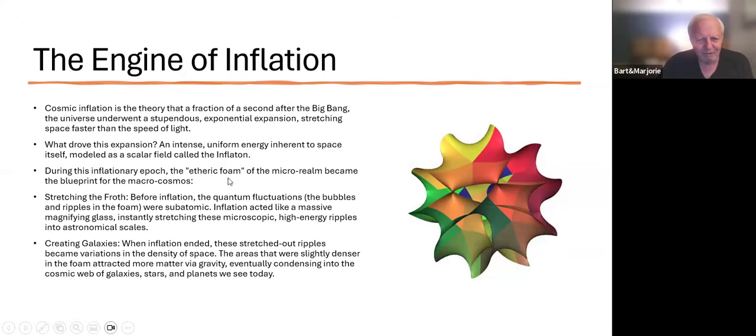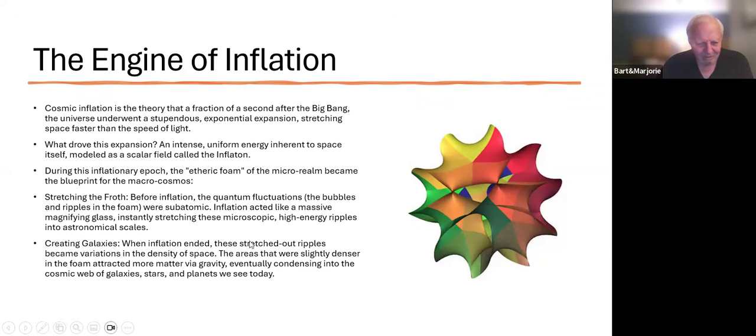During this inflationary epoch, the etheric foam, the micro realm, became the blueprint for the macrocosmos. It stretched the froth. Before inflation, the quantum fluctuations of the bubbles and ripples in the foam were subatomic. Inflation acted like a massive magnifying glass, instantly stretching these microscopic high energy ripples into astronomical scales. And this led to the creation of galaxies.